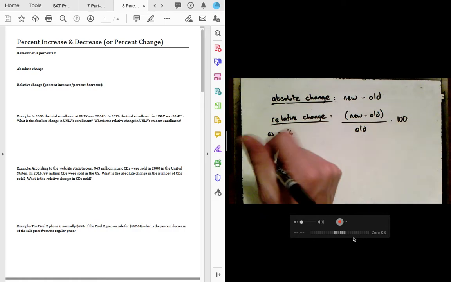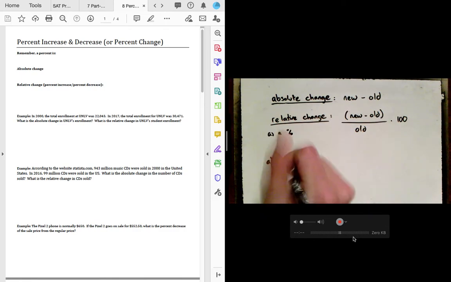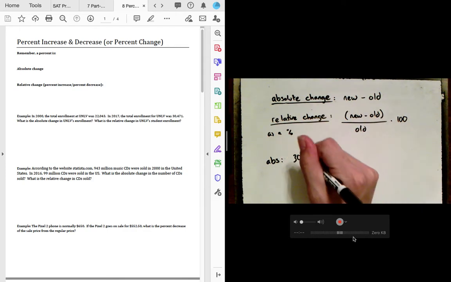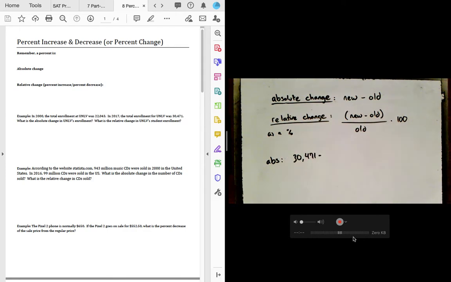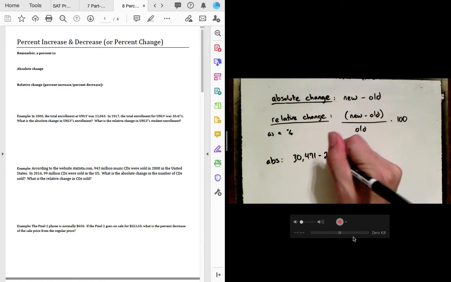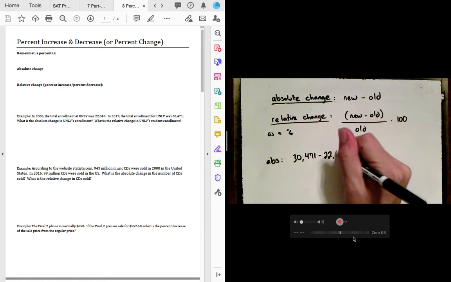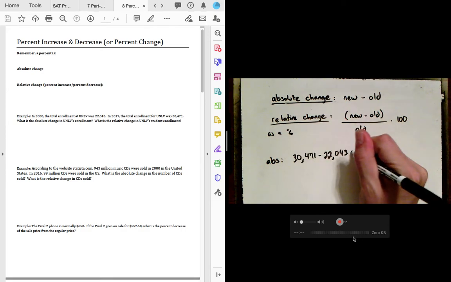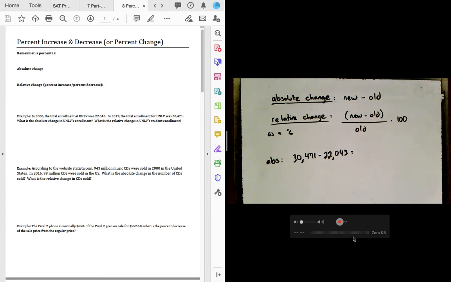The absolute change, which I'm just going to refer to as ABS, is going to be the new value minus the old value. The later one in 2017 is the one I'm going to refer to as, quote, new. So we're going to go 30,471 minus the old value, 22,043. These are commas, not decimal points.